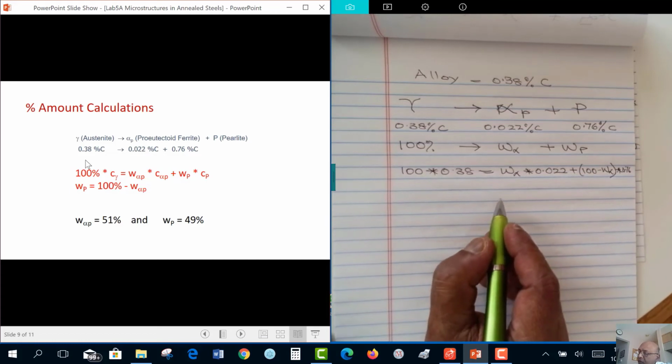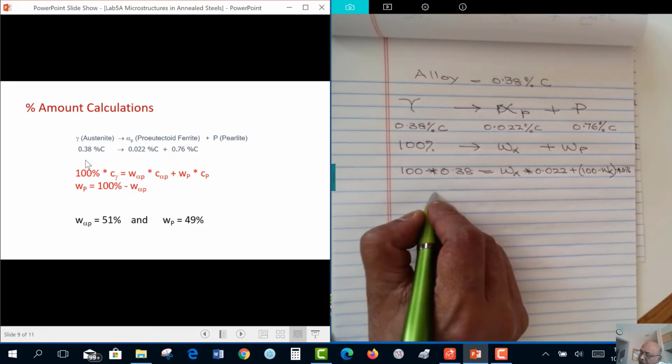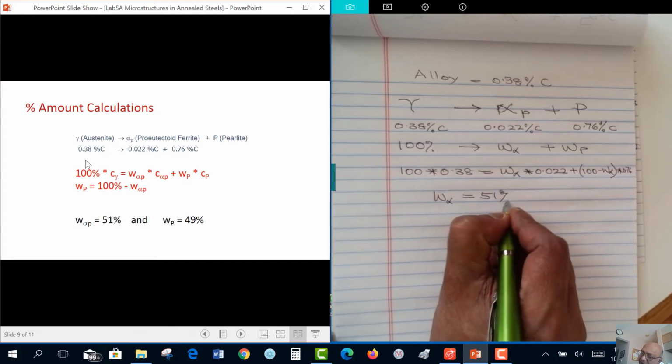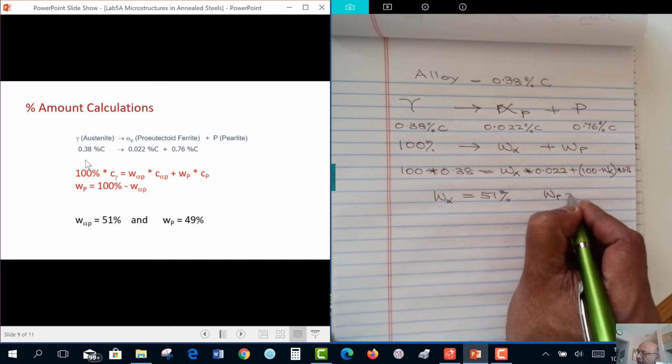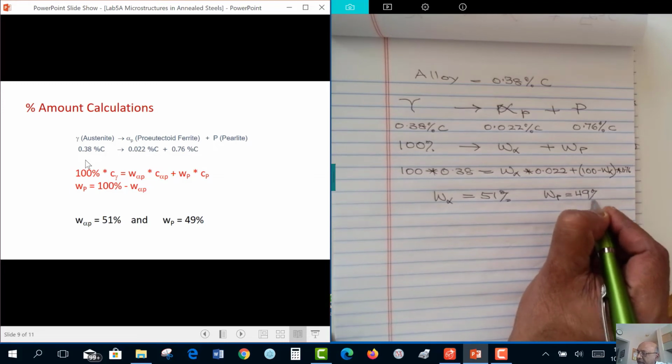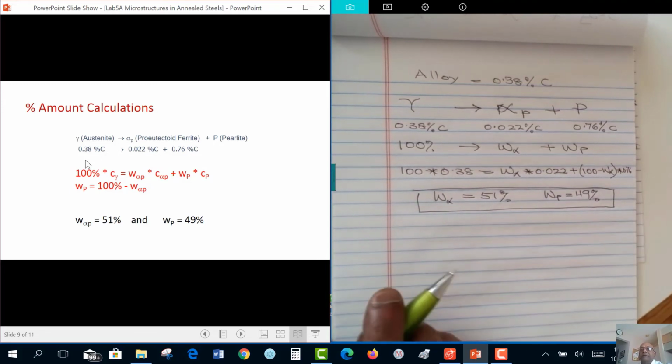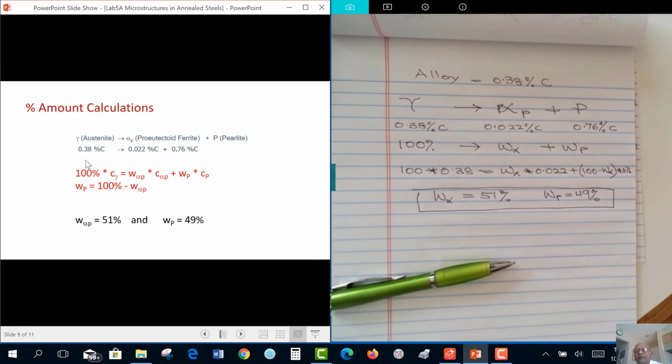So again, we have one equation, one unknown. We solve for W alpha, we will get 51%. Pearlite would therefore be 49%. So remember, we estimated roughly 50-50, and this is what our calculation shows us.